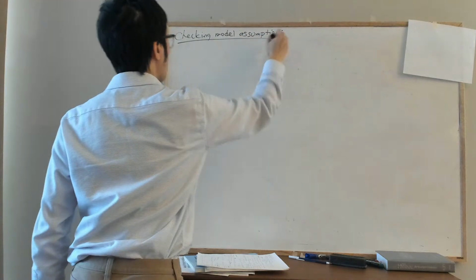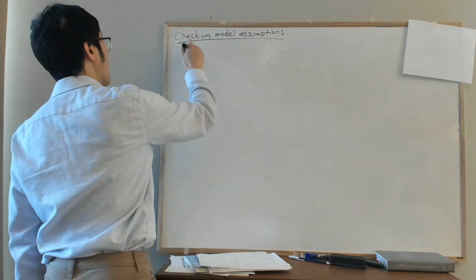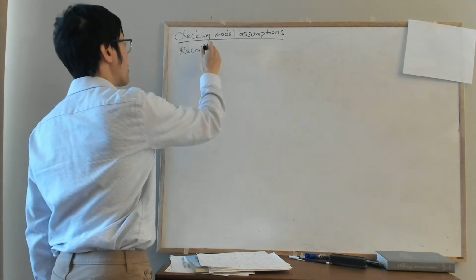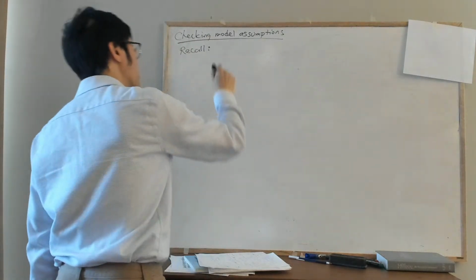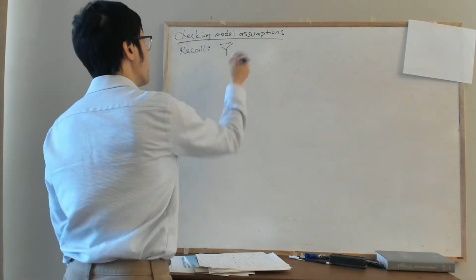Okay, so let's first remind ourselves what those assumptions are. Here's our multiple linear regression model again in general. We're modeling a vector of responses, y, as a random variable.